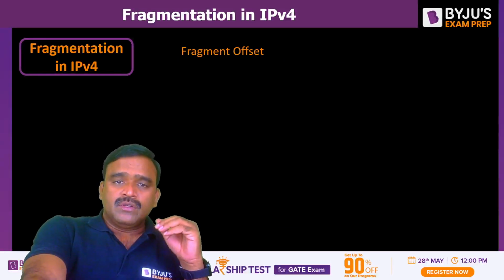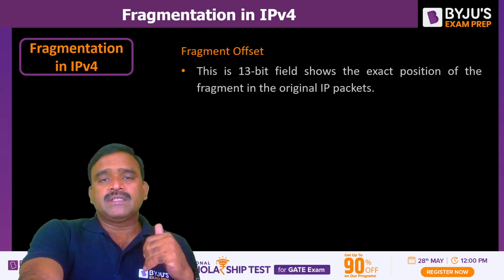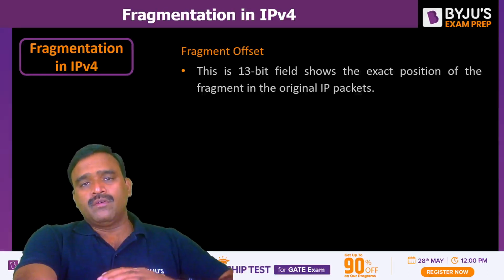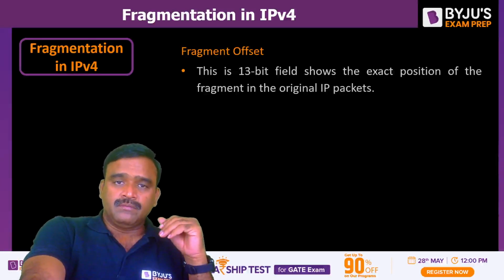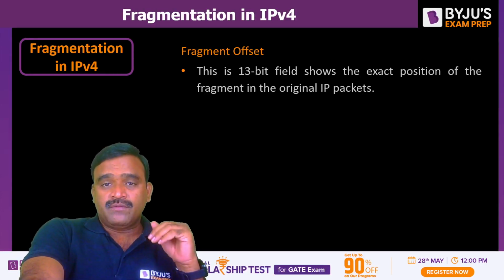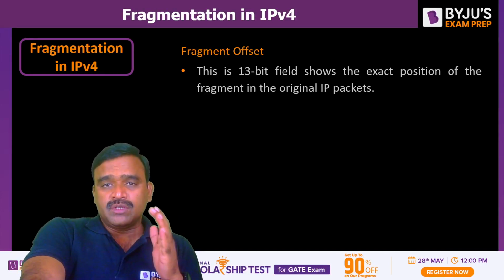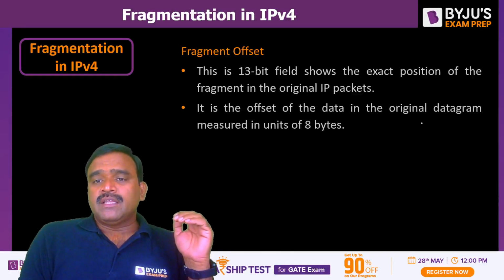I will show you the fragmentation offset, the basic things, and then how fragmentation happens in a particular packet. This 13-bit field shows the exact position of the fragment in the original IP packet. It is the offset of the data in the original datagram.